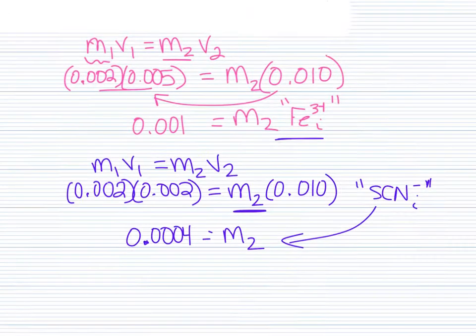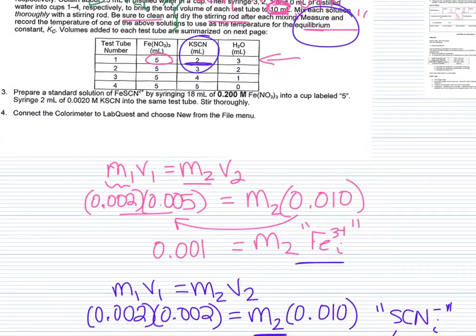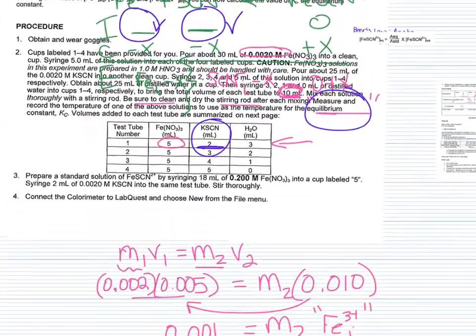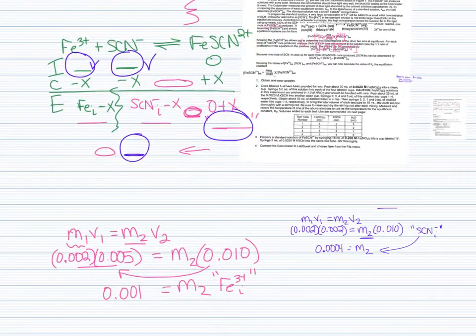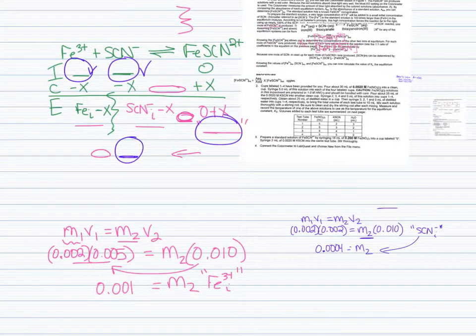Okay, so let's see where that takes us in our ICE table and see what pieces of information I actually collected. Okay, so in my ICE table, what I just found was, like I said, those two values, these two up here. I'm going to erase this little spot and add them in there so we have them.